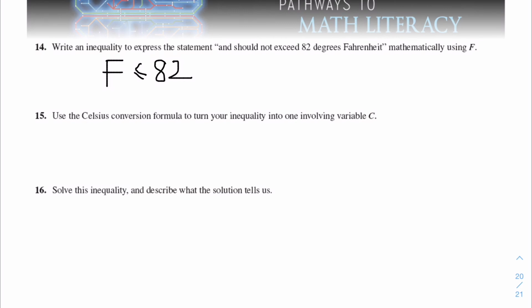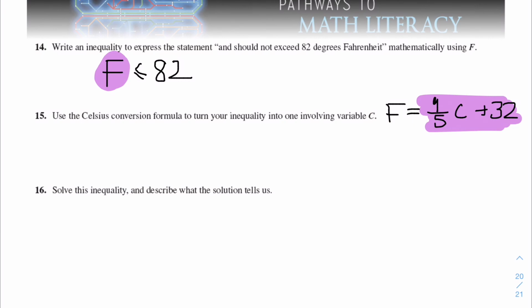So remember, our conversion is the Fahrenheit is 9/5 degrees Celsius plus 32. So all we're going to do is instead of this Fahrenheit, we're going to put our expression that involves degrees Celsius.